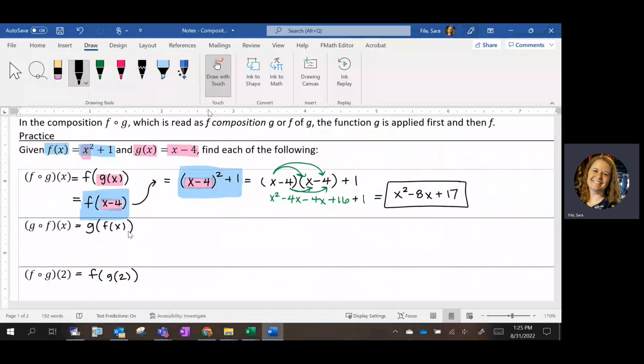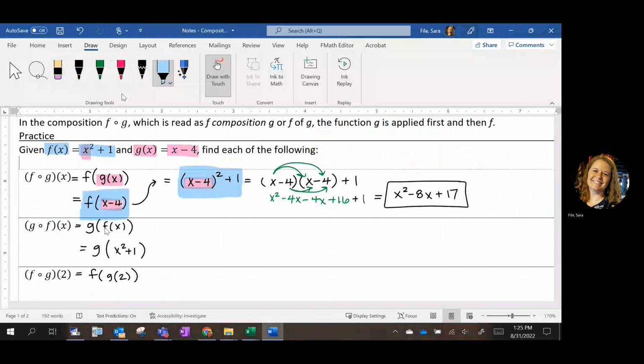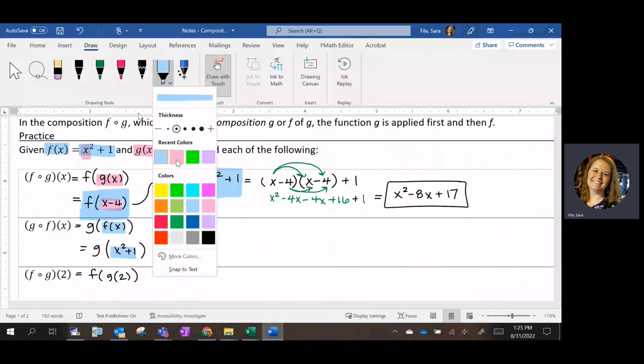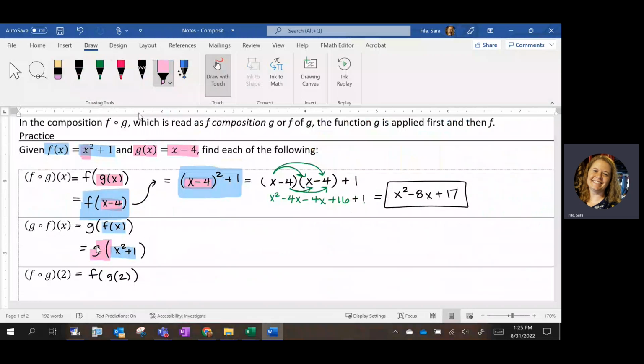Now in reverse of that, I would be inputting the f function, which is x squared plus 1, inside the g function. This time, the g is the outer function, and the f function's going inside it.